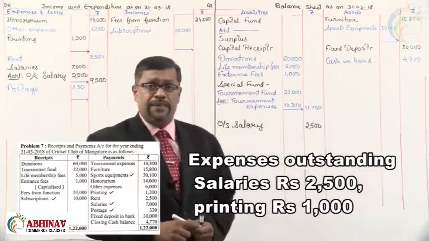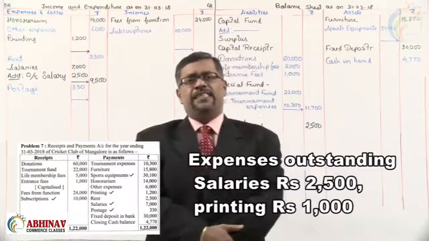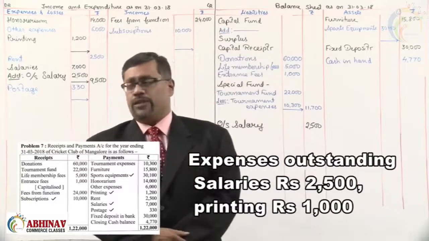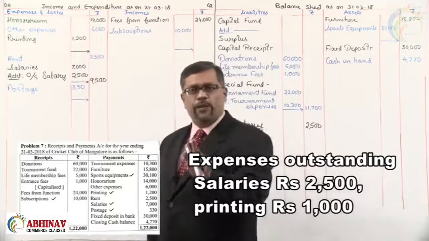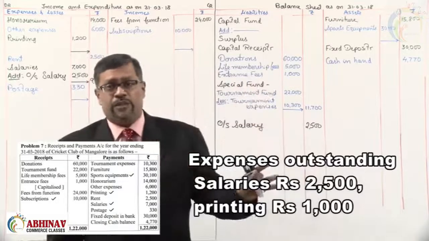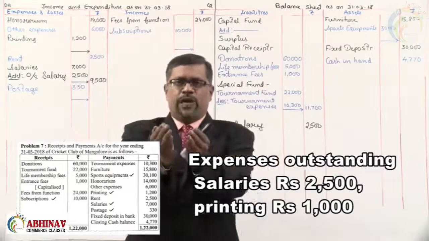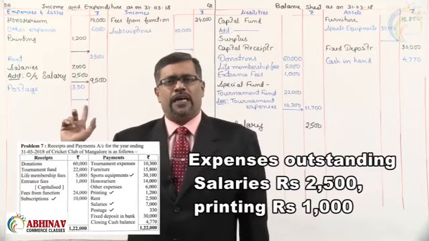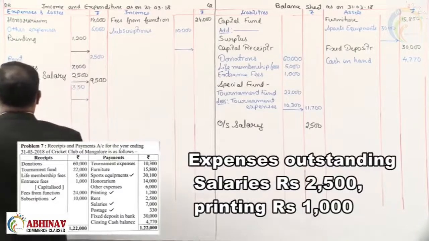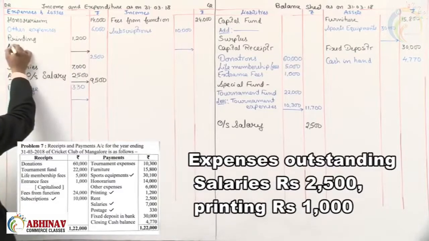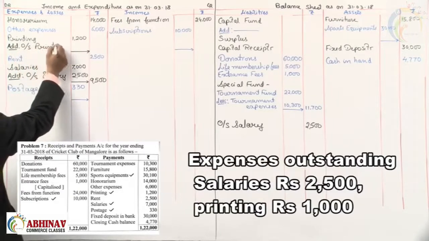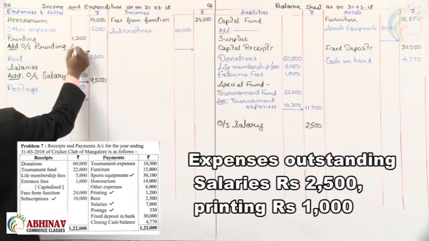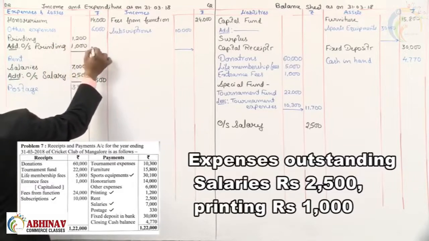The same adjustment says printing expenses are outstanding worth rupees 1,000. How much printing is taken? 1,200. We have paid 1,200. Still we have to pay 1,000. Total printing 2,200. We'll show it in the account here. Add outstanding printing, rupees 1,000.